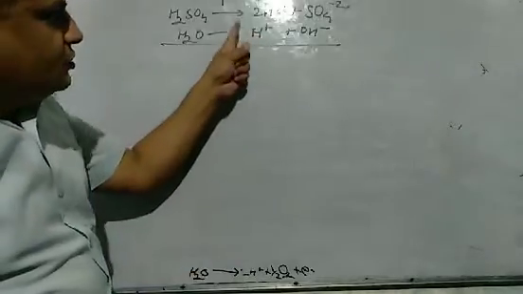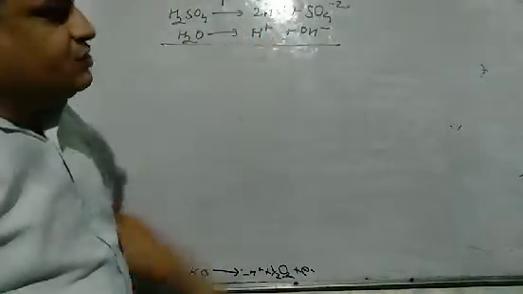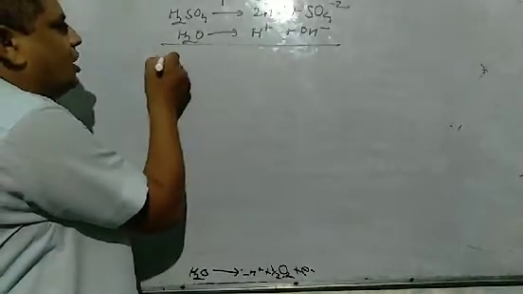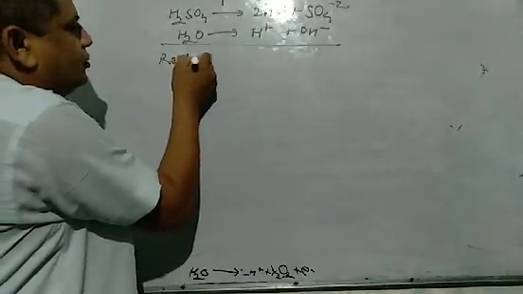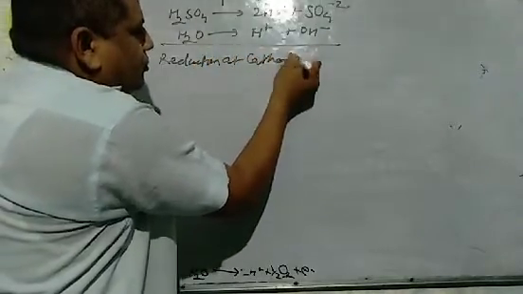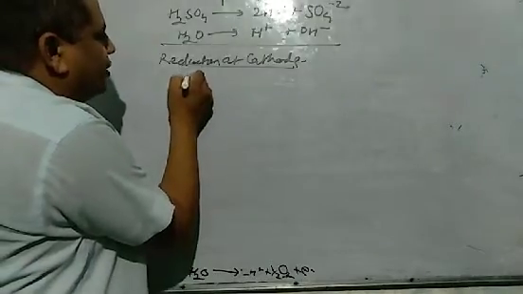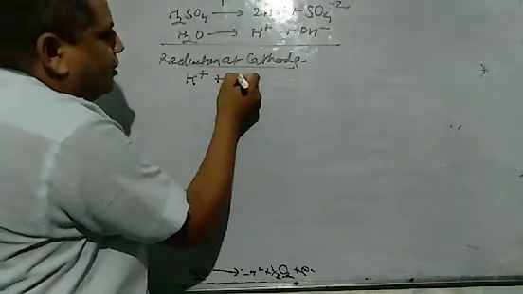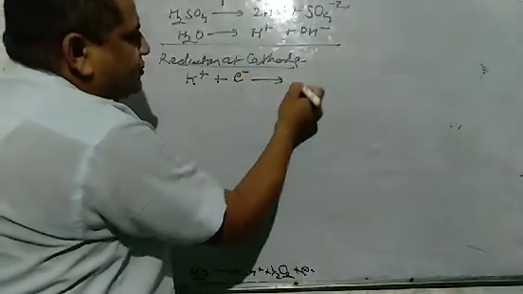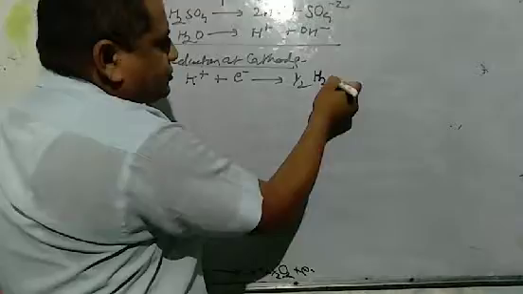As you see, in both the reactions only one type of cation is present. So, reduction at the cathode: there is no option, only one type of reduction reaction will occur at the cathode since only one type of cation is present.